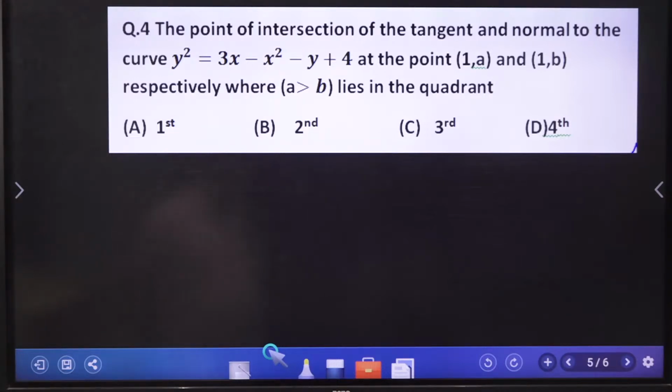So write the answer in the chat box if any one of you got the answer. Ayan, Ketul.